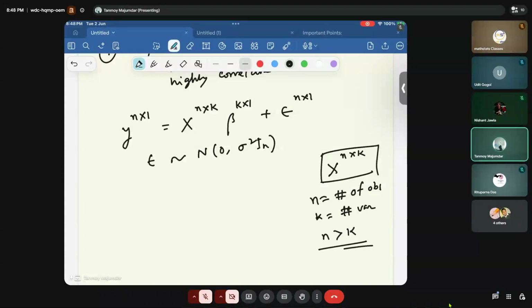If n is less than k, that is called high dimensional data, and in that scenario we cannot use the multiple linear regression model. We use it only for low dimensional data. Okay, fine, now back to the topic.